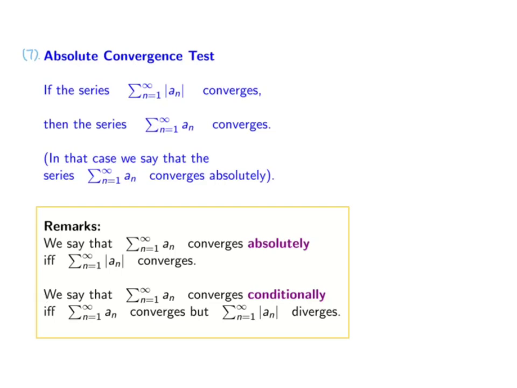We say that a series converges absolutely if and only if the new series, which is formed by taking the absolute value of all the terms an, converges. And we say that the series converges conditionally if and only if this series converges itself, but the new series, which is formed by taking the absolute value of all terms an, diverges.